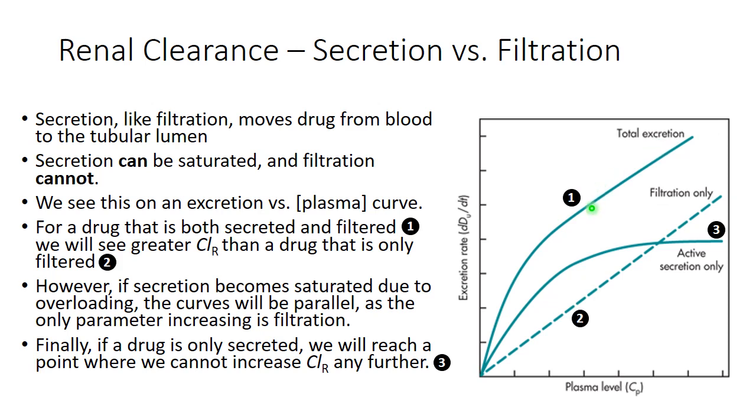Okay, so all you're doing at this point, as you keep doubling, if you double the concentration, you double the filtration, and then you have that little bonus secretion. That's just steady. It's not getting any better. And that's the reason why it looks like that. So hopefully that makes sense.